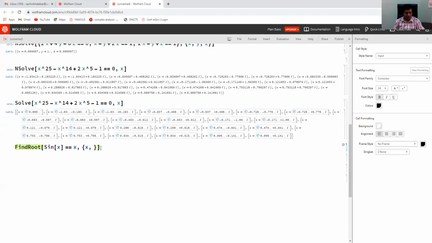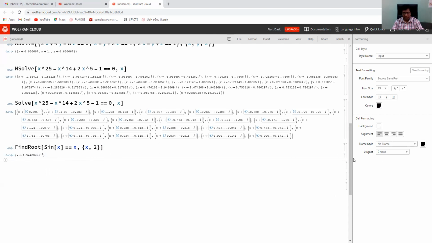So where we want to find in the neighborhood of say 2, okay, 100. So this is 1.5 into 10 raised to minus 8, which is approximately 0. Okay, so this provides numerical solution.